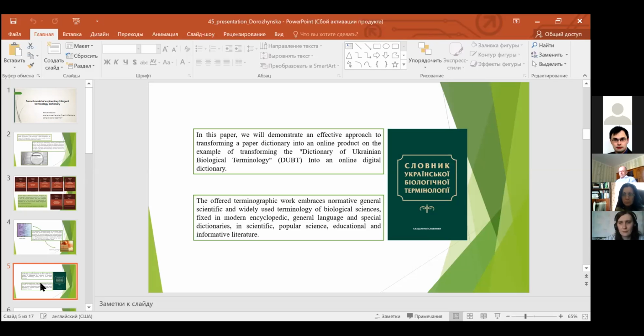The lexicographic work embraces normative, general scientific and widely used terminology of biological science, fixed in modern encyclopedic, general language and special dictionaries, and in scientific, popular science, educational and informative literature.